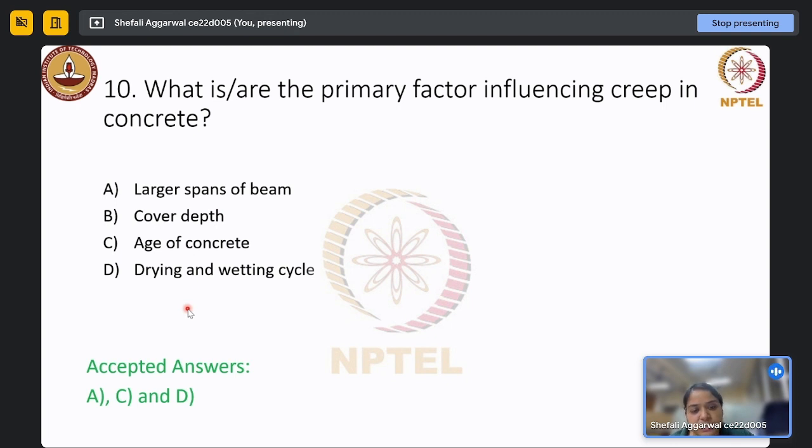When we have different types of cycles, drying and sometimes wetting, it will cause more strain in the concrete, and more strain will cause more creep. So is this question fine with everyone? Okay, ma'am. Fine.